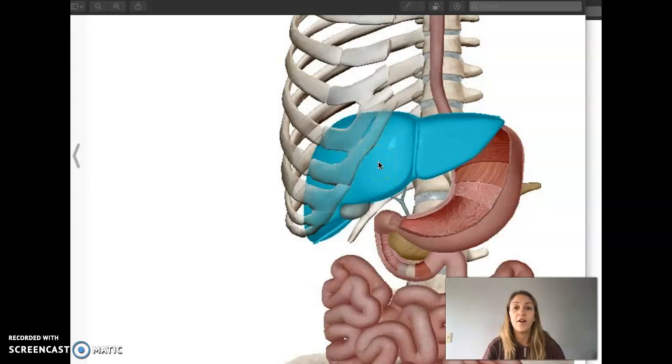So the function of the liver is to produce bile for digestion and excretion. So bile is what gives feces that characteristic brownish color. And the liver also assists in detoxification, and it stores and processes nutrients. So that's the function of the liver.